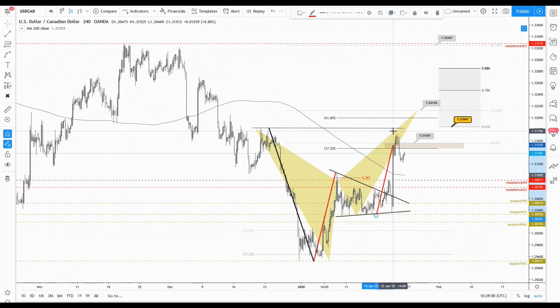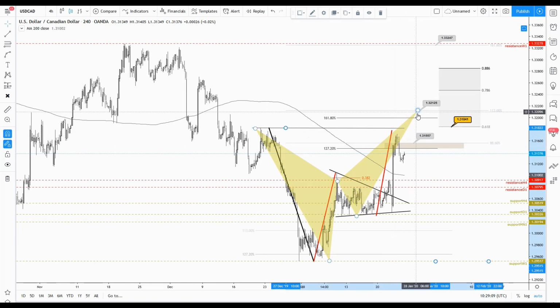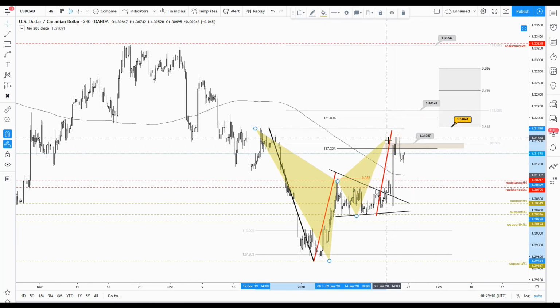My default expectation was projected very close to the previous structure highs. We have also the 88% fib there, so at that point I was projecting the bearish bat pattern, or actually the Gartley pattern at 127% fib. As we can see, the market has found some pressure at that level. Let's see how the market will behave.